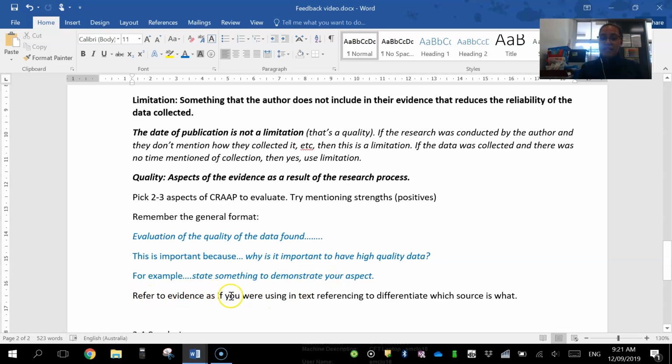Refer to the evidence as if you're using in-text referencing to differentiate what source. So what I mean by that is, if you're saying like source A, source B, try and use their actual name. So Lofson Evergreen, for example, Lofson Evergreen is a textbook.